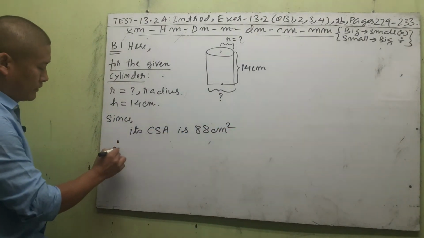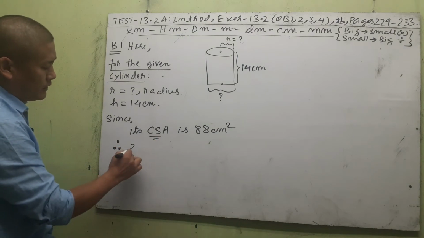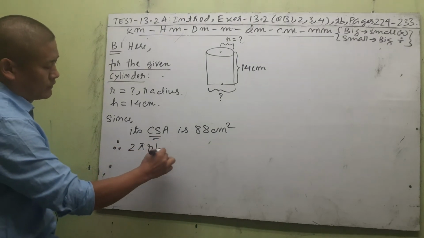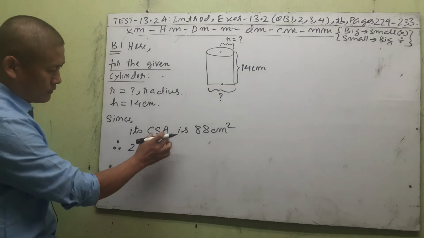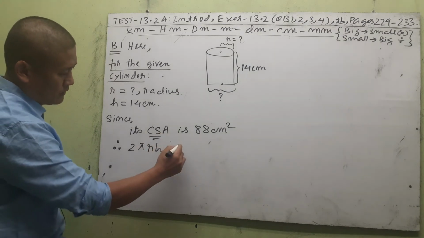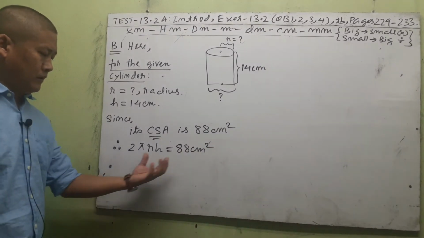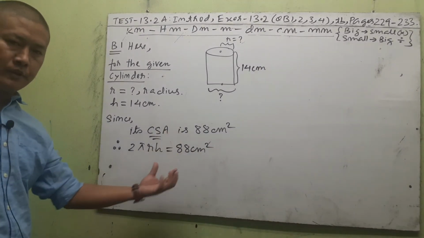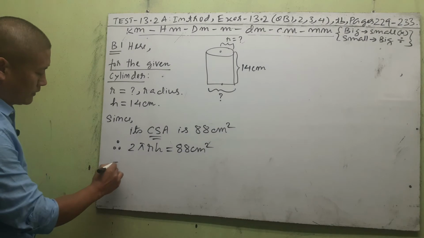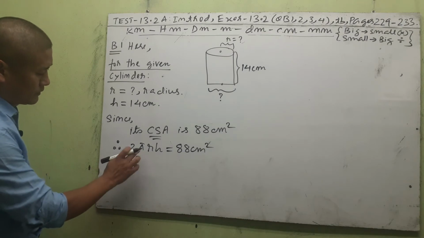So therefore we can write curved surface area formula 2 pi r h. We learned that just now. This one means equal. Curved surface is given 88 centimeter square. This is something we totally got from the question itself. Next step, let us replace it.